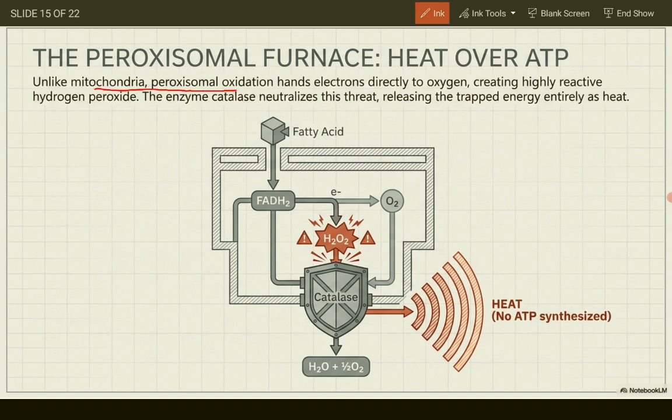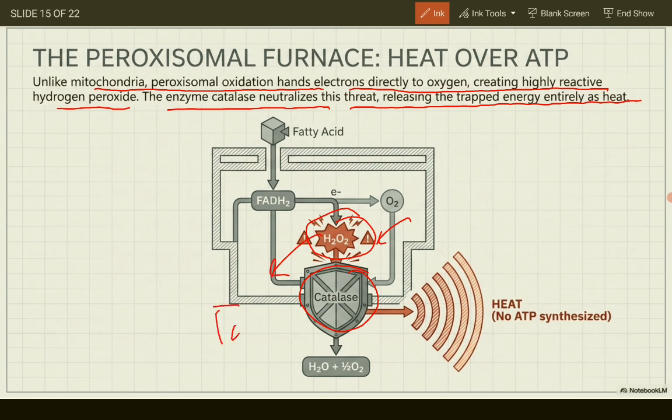Now the peroxisomal furnace, heat over ATP. Unlike mitochondria, peroxisomal oxidation hands electrons directly to oxygen, creating highly reactive hydrogen peroxide. The enzyme catalase neutralizes this threat, releasing trapped energy entirely as heat. So FADH2 produces H2O2, a toxic molecule that is produced during the cutting off of fatty acid into little shortened pieces, hydrogen peroxide, which is toxic for the body.